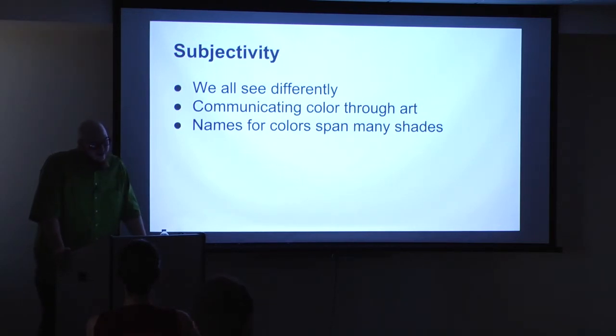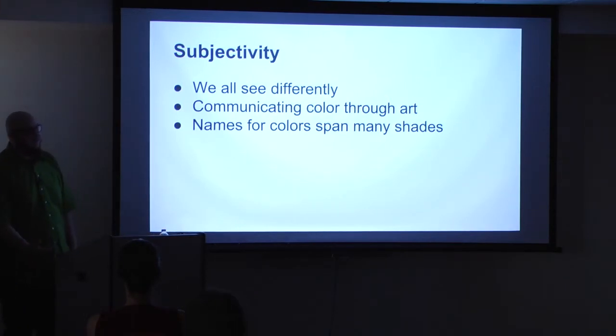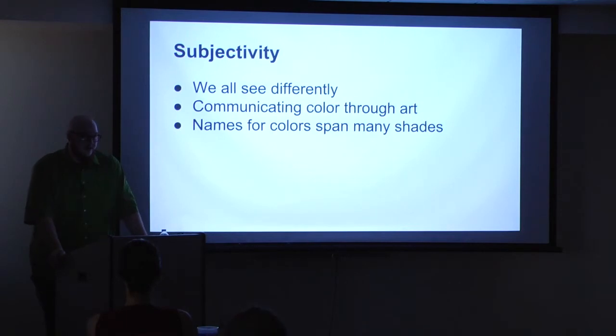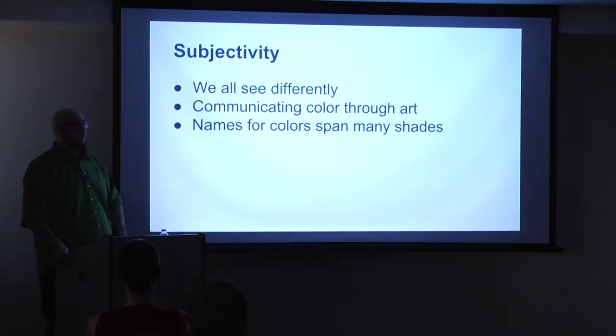So that's the thing, though. With color, it's subjective. It's very subjective because all of us see differently, those with color blindness and without. So that's why I think that art is interesting, because it lets us communicate and then reinterpret very different things. And then we have different names for colors.